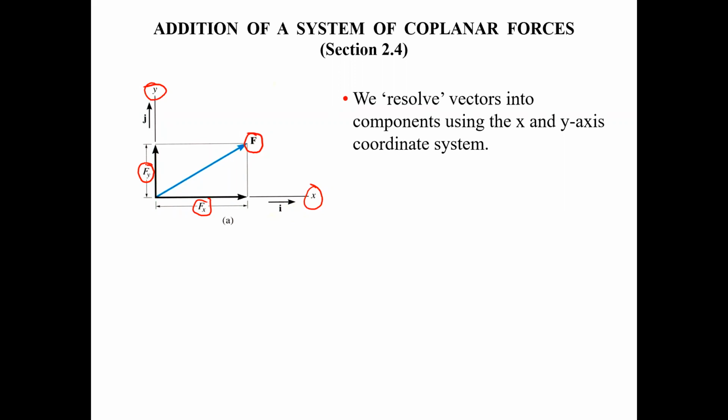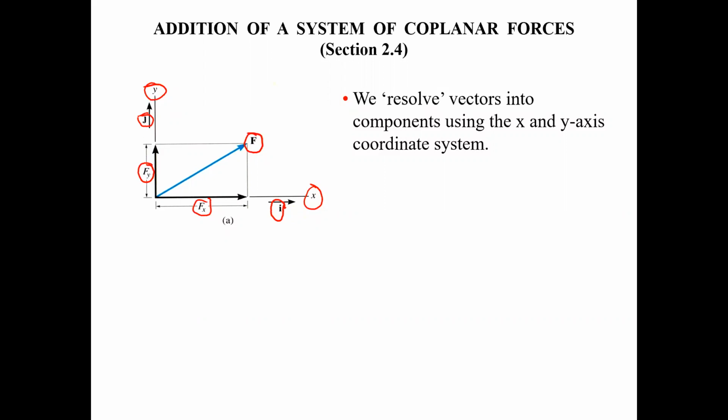Okay. Now another important thing, you must have already seen in your physics course, we have these unit vectors or direction vectors, i and j, right? And if we have 3D space, then we have k also. So the vector i, which is a unit vector or direction vector, always acts along the x-axis.